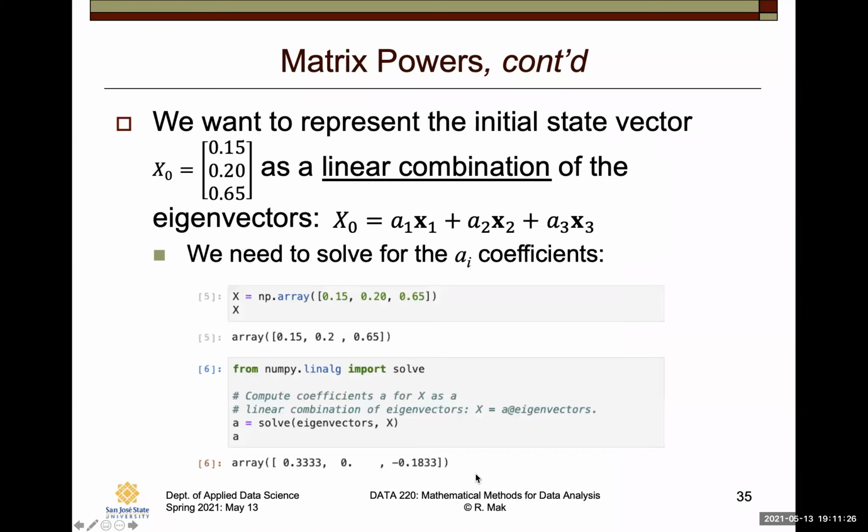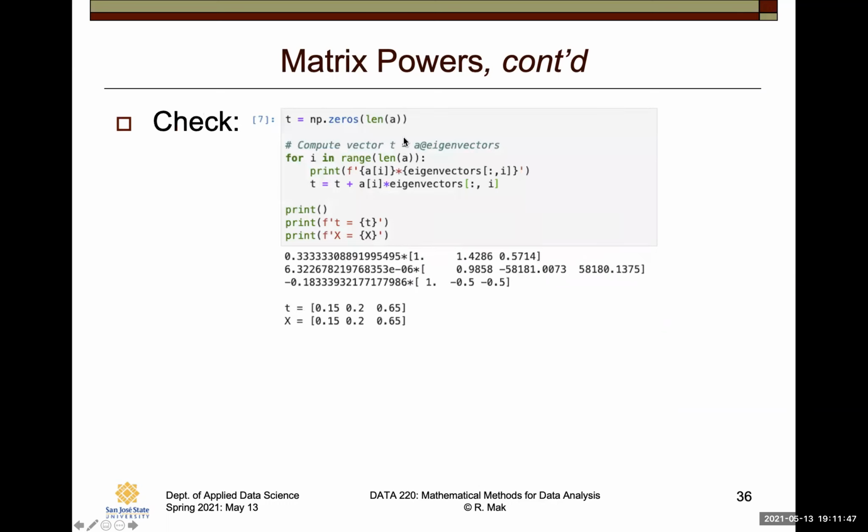And we have the right-hand side, which we're going to use as the initial x vector. Then we get the coefficients. So here's A sub 1, A sub 2, and A sub 3.